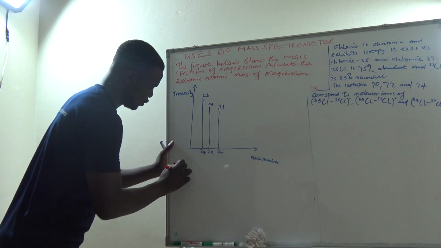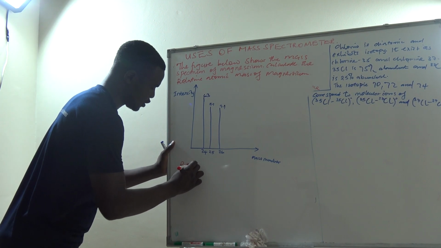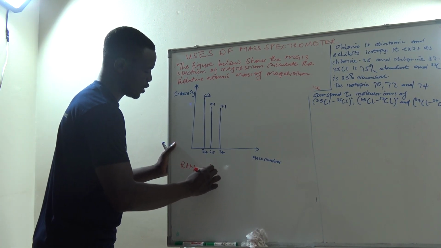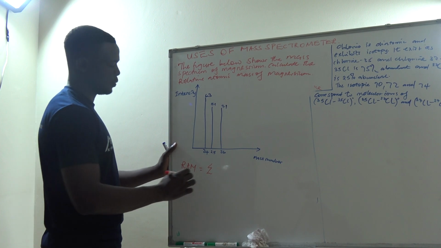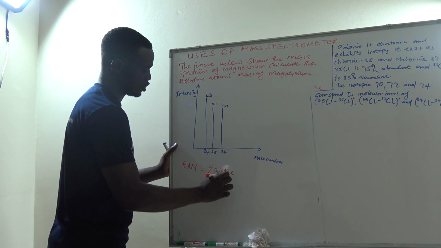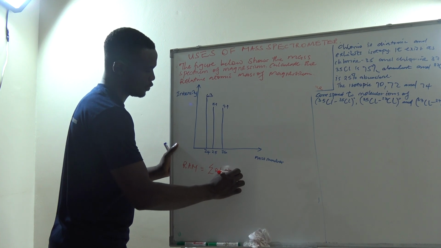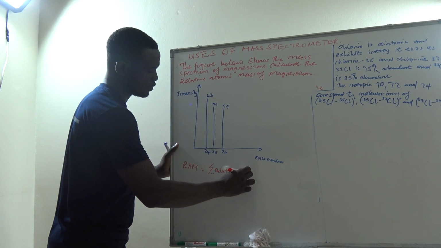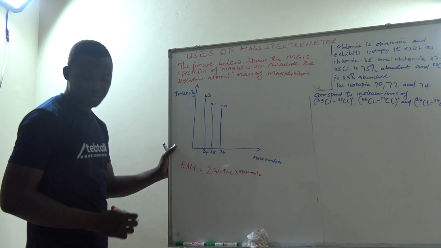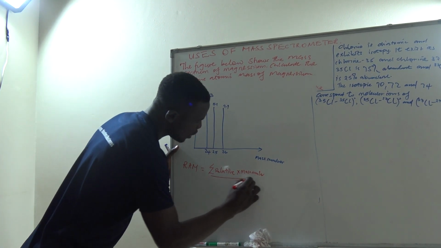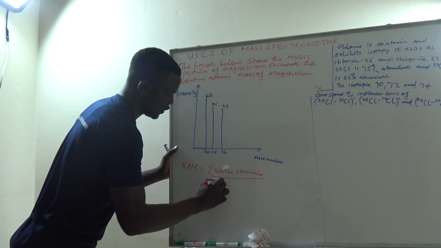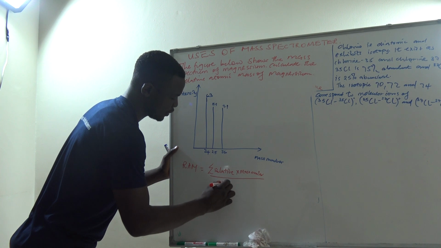Now, we know that relative atomic mass should be equal to the summation of relative intensity times mass number, divided by total intensity.